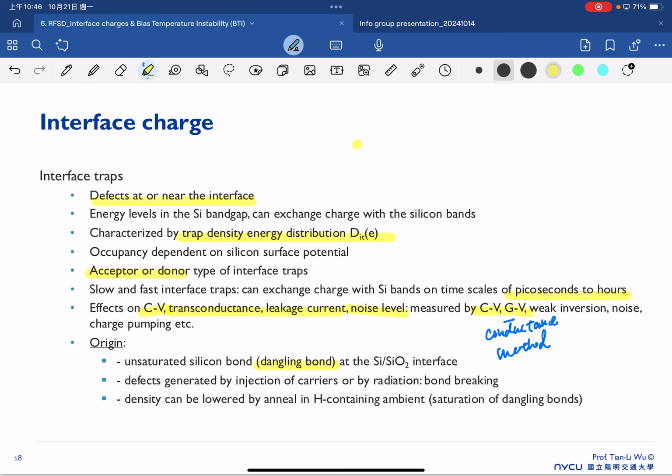And defects are generated by certain injected carriers or radiation effects. In the past, this was only limited to silicon. We very often use hydrogen annealing to mitigate this interface charge issue. But if you are now working beyond silicon, this probably will not work for you.